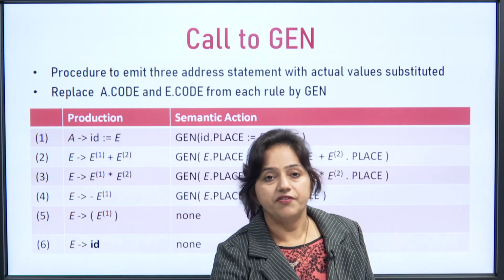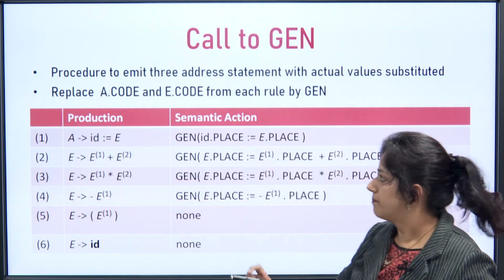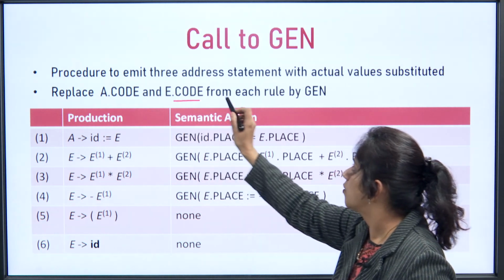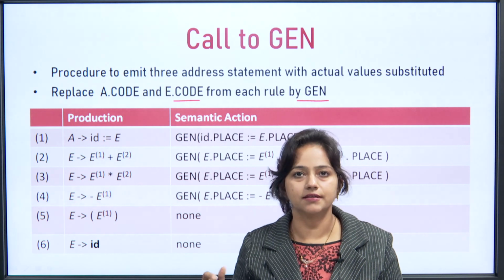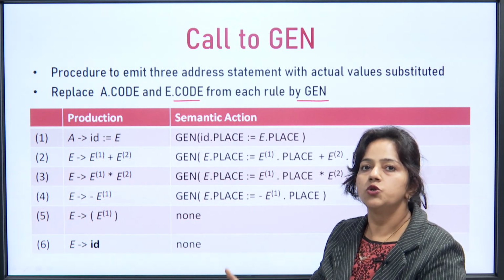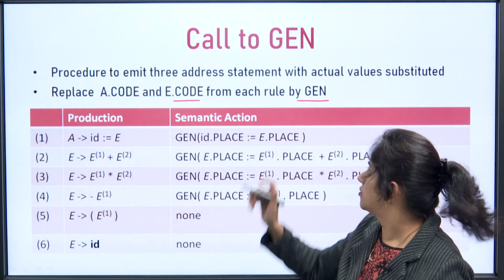Similarly, we can replace A.code or E.code with a generation function. This is actually the procedure to emit three address code with actual values.